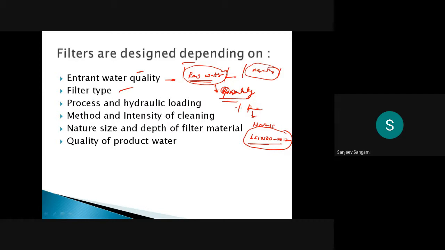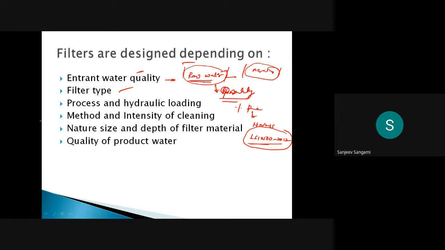I already discussed the types of filters, whether pressure filters or gravity filters. Which is suitable has to be decided in this designing stage.